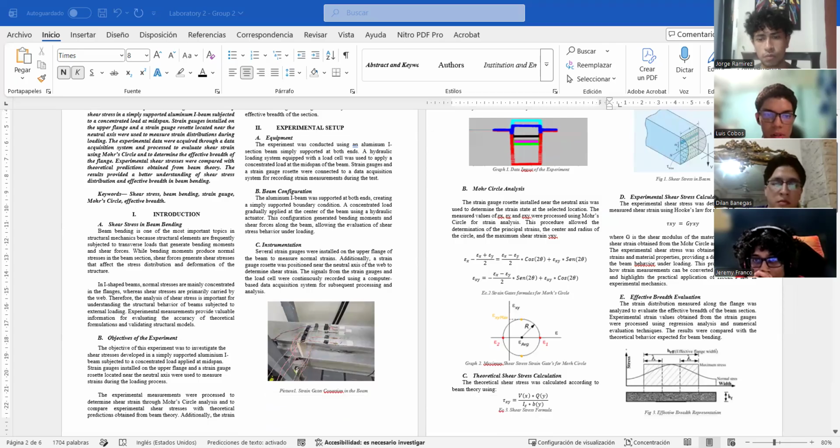Then, with the Mohr circle analysis, with the strain gauge rosette, we obtain the strains in X, Y, and XY.